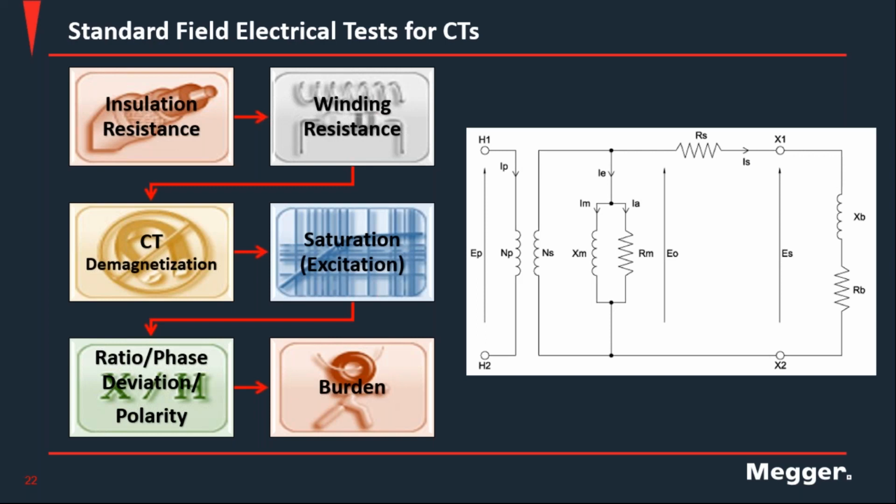Remember that the excitation curve has two sides. It has the linear part, the operation point where you want the CT to operate, with low excitation current and relatively high voltage. And then you have the other part, the one beyond the knee point, where for small changes in voltage you have huge changes in the excitation current.